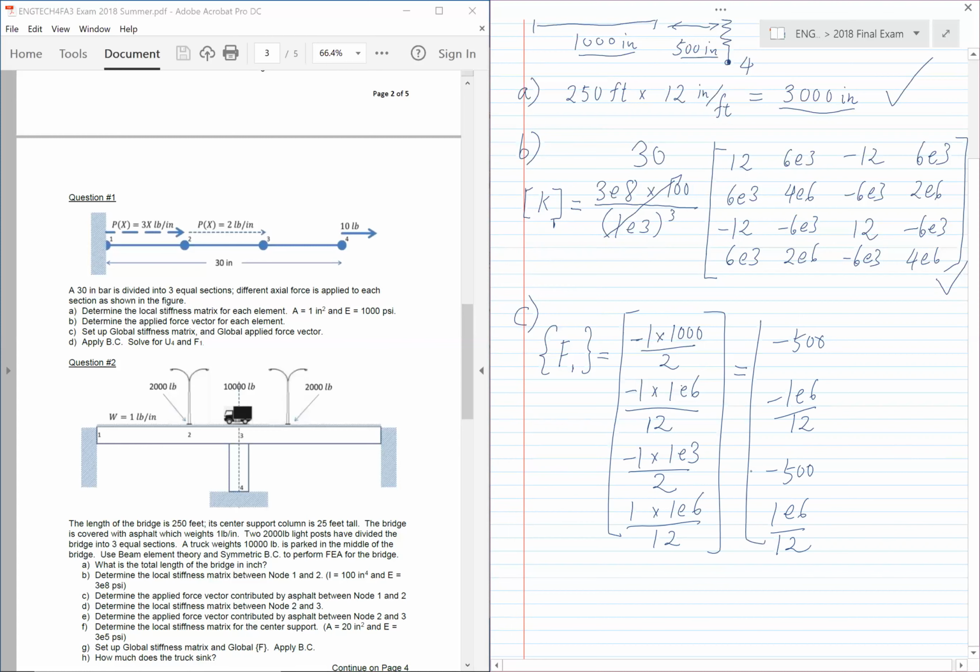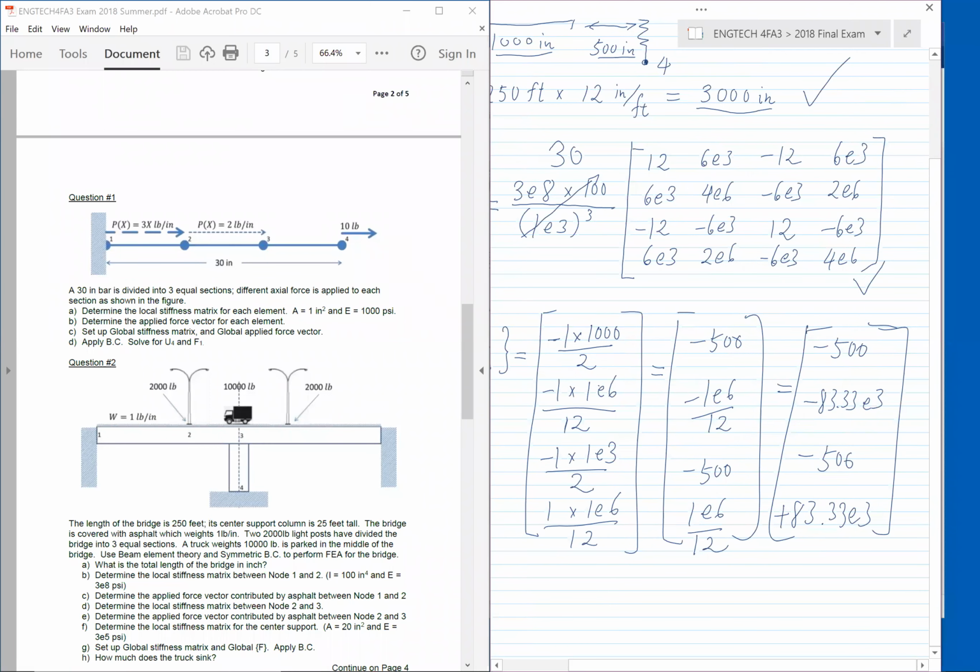You may express the term like that, or it's up to you, you can calculate it. What is 1e to the 6 divided by 12? Okay, let me use my calculator. Okay, negative 83.33e3. Okay, any questions so far?